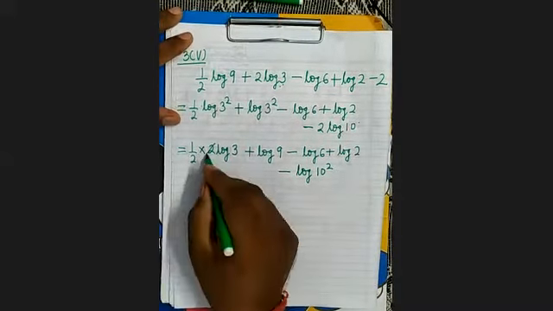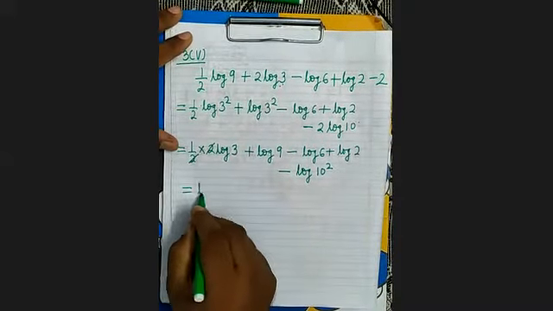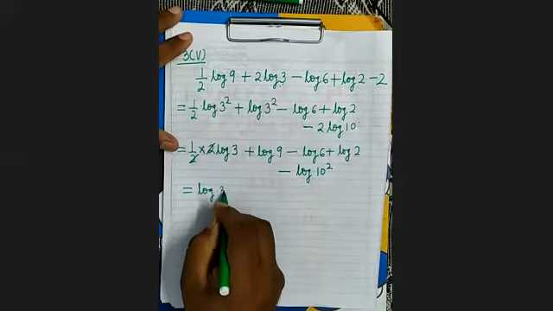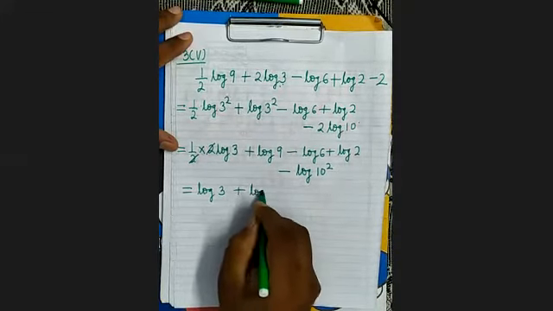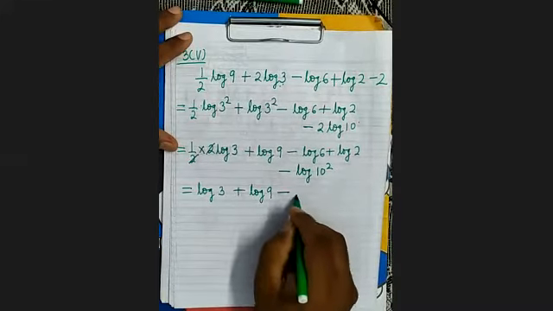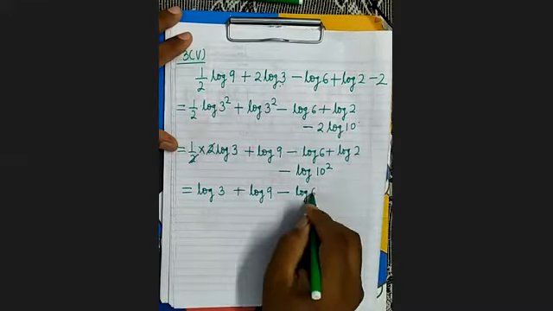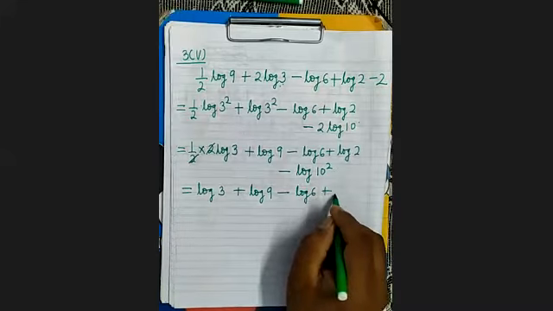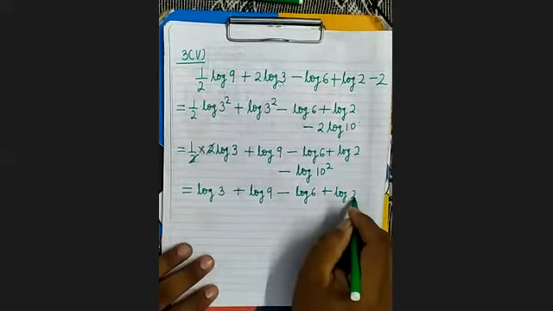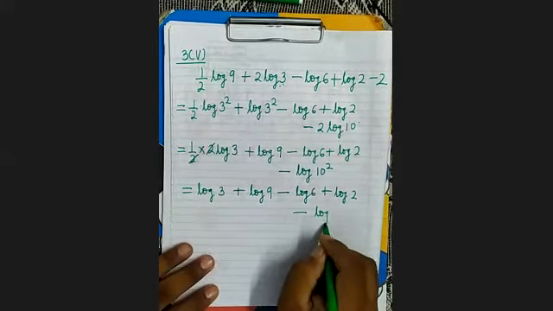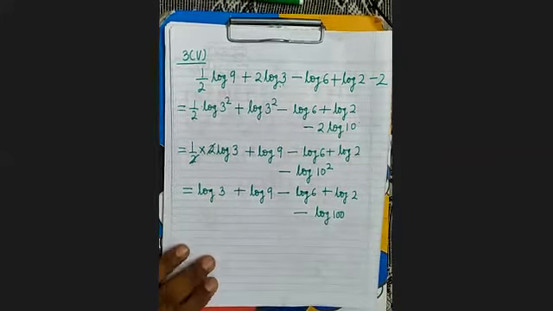So see here, this and this cancel. 3 plus log 9 minus log 6 plus log 2 minus log 100. Now you know the rule.